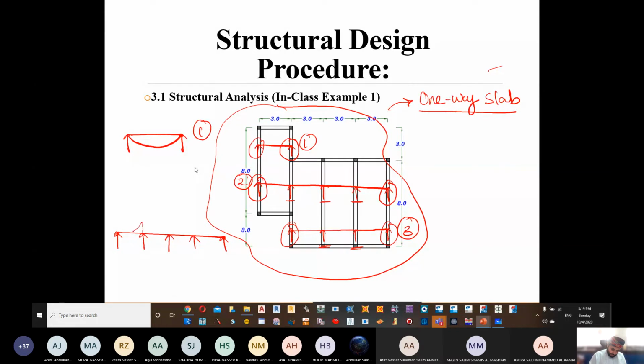This goes like this, this goes like this, this goes like this. And then we need to connect. So it's like this. Here, here, and then here. That is for case number 2.